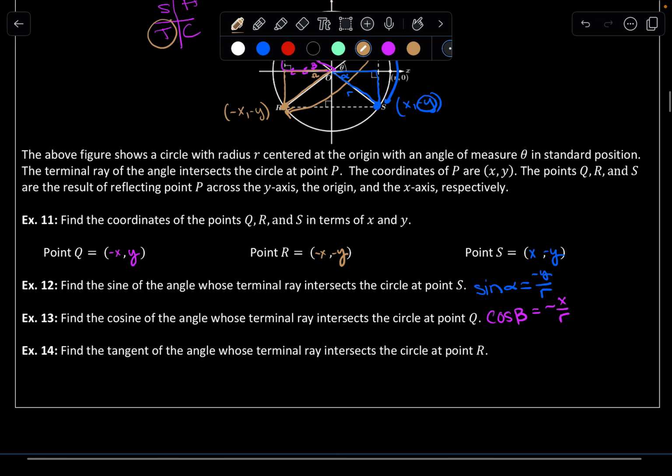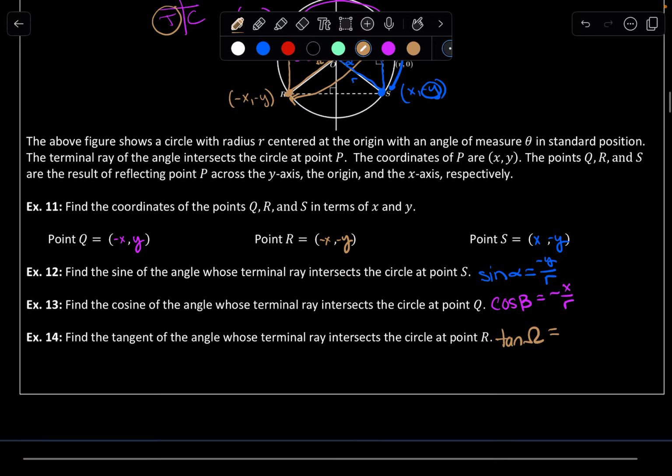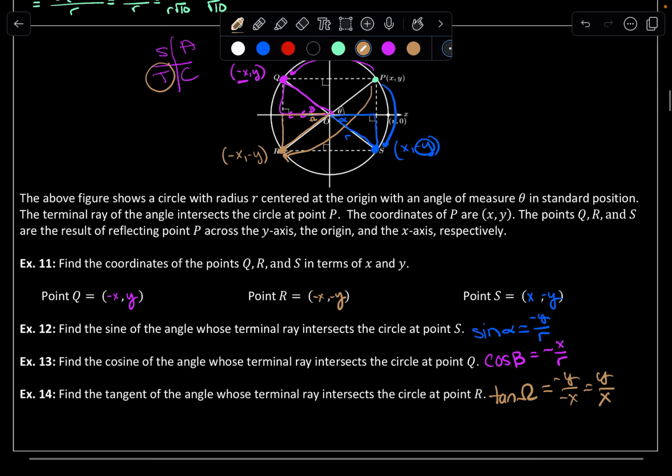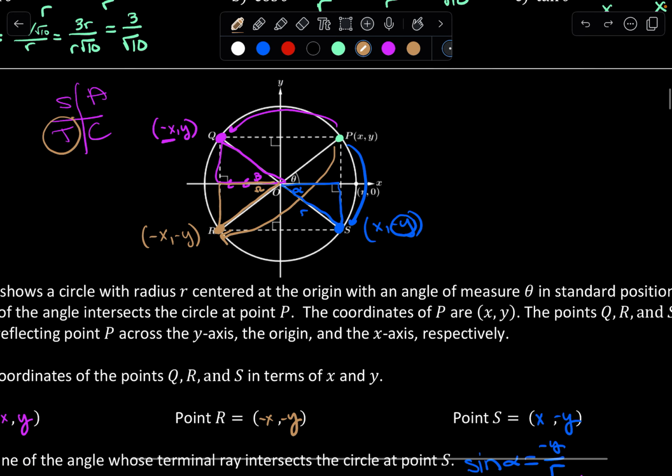So it will be tangent of omega is equal to, we'll do negative y over negative x, which just gives us positive y over positive x. And alpha, beta, and omega, they're just Greek letters. I didn't want to use theta again because that's what we used in quadrant 1, so I didn't want to get confused.